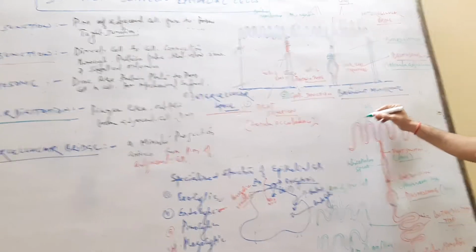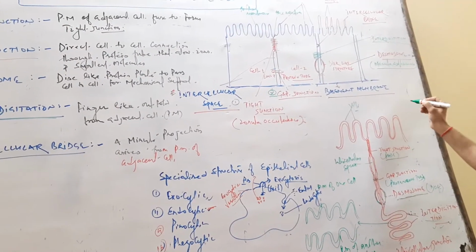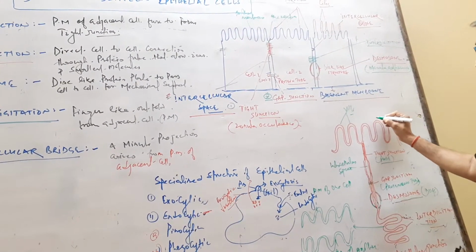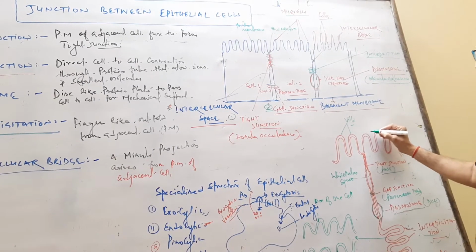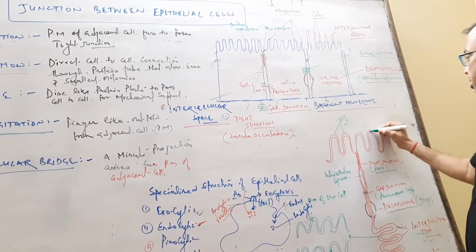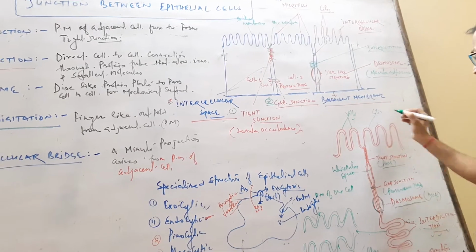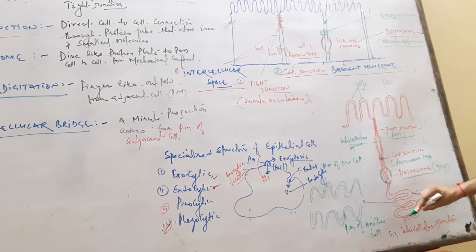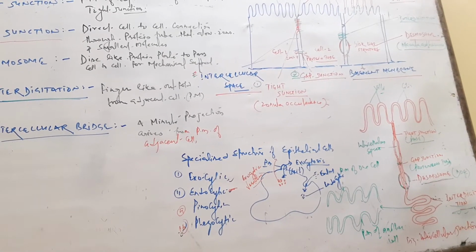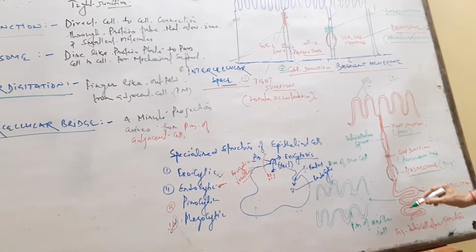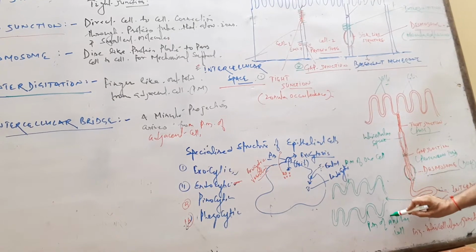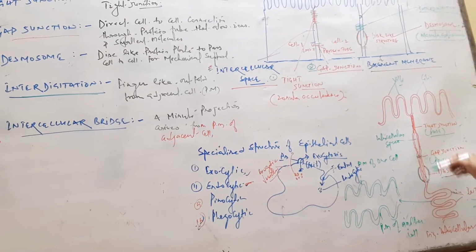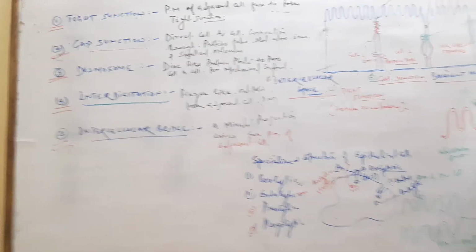And here is the villi, a finger-like projection. If cilia are present, they are called cilia. Then it becomes digit-like, called interdigitations, between one cell and another cell. This is all related to the junctions.